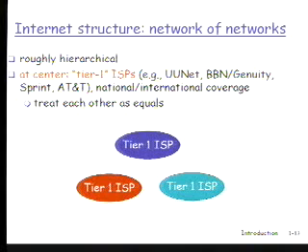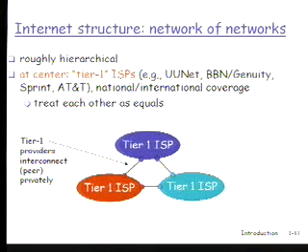So tier 1 ISPs are the biggest networks. They have national or international coverage, and these networks interconnect with each other privately. So data that flows on one of these tier 1 ISPs is privately exchanged with another tier 1 ISP by some sort of agreement. So they have points where they can exchange data with each other.